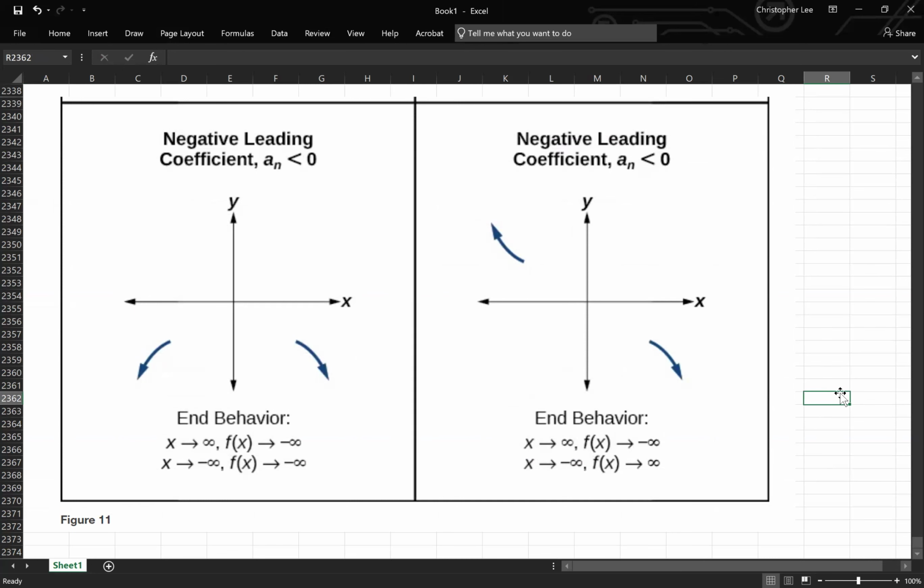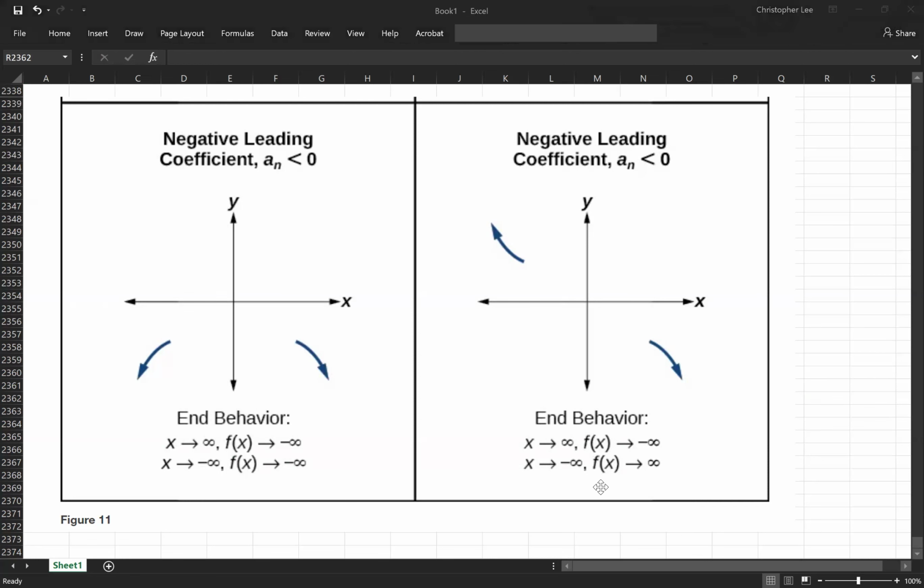So for an even degree, as x is going to negative infinity, we're going to negative infinity, and as x is going to positive infinity, we're going to negative infinity, right? For an odd function, when the coefficient is negative, as x goes to negative infinity, we're going to be going to positive infinity, and as x is going to positive infinity, we're going to be going down to negative infinity. All right. This is just a slight little review. We already took a look at that.